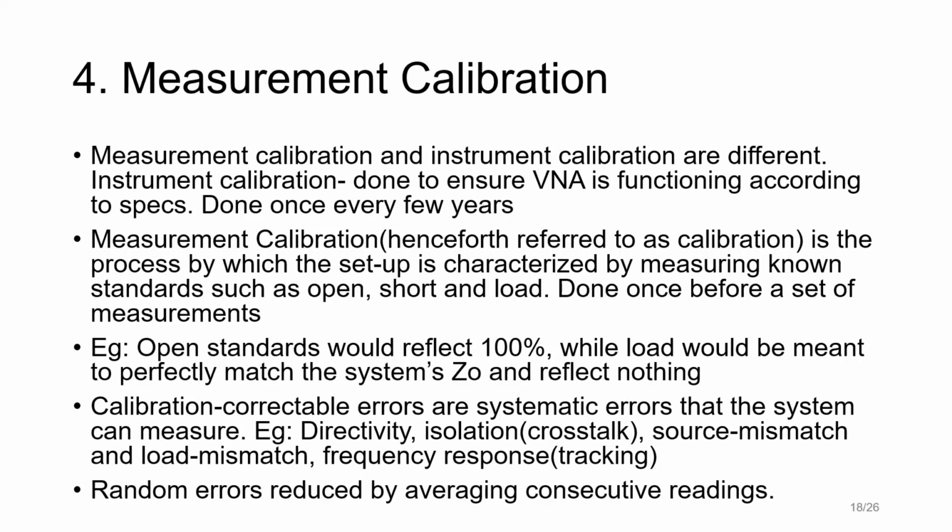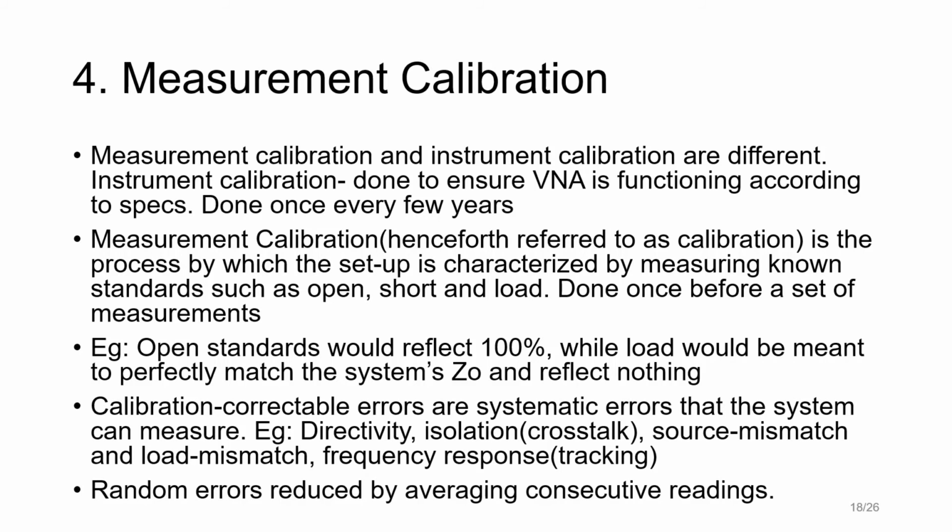The second error that I mentioned was isolation. There may be a leakage of energy between the network analyzer signal paths, and that contributes to an error in the transmission measurements, much like directivity does in a reflection measurement.